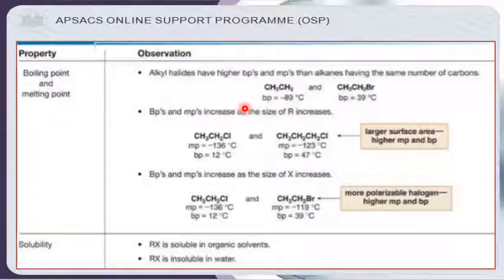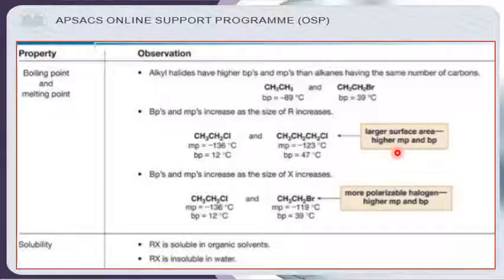So in the alkyl halide, when you are going through the boiling point and melting point, these are some observations: alkyl halides have a higher boiling point and melting point than alkanes having the same number of carbon atoms. This is due to the polarity, or we can say due to the dipole interactions.